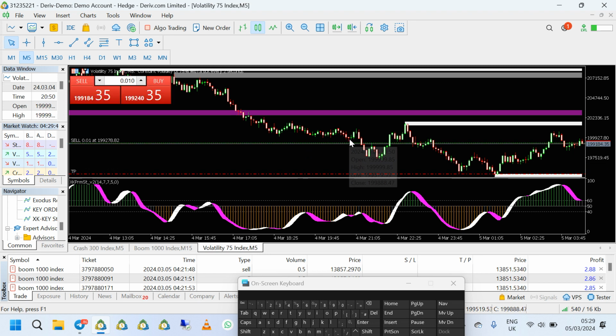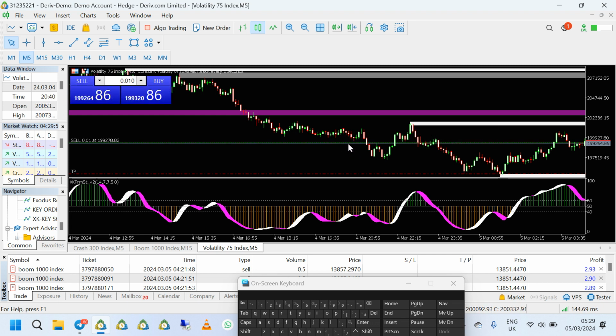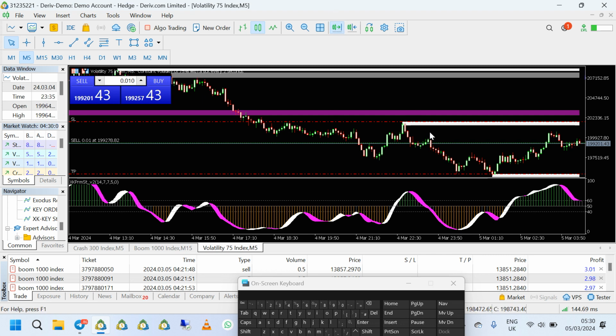Where will be my stop loss? Above this level. This will be my stop loss. That will be my take profit. Just as simple as that. Based on the fact that you already have this aligning with this aligning with this, then I will take the trade myself. That is the way to go.